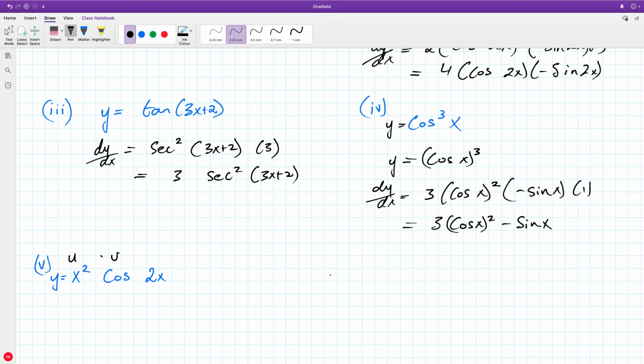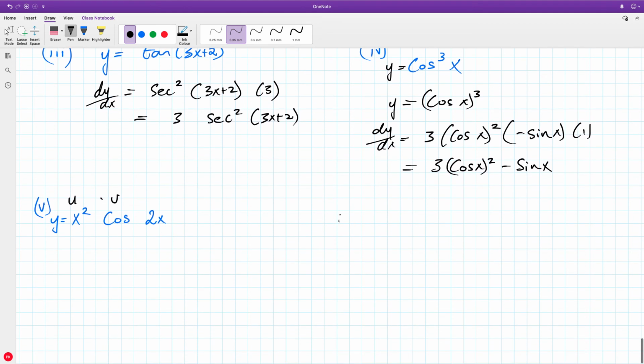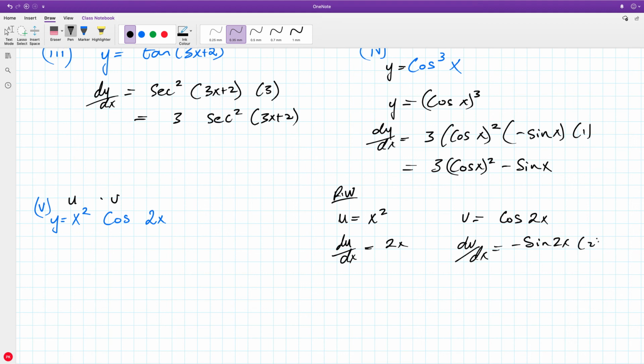u by v. So u is equal to x squared. du dx is equal to 2x. v is equal to the cos of 2x. dv dx is equal to minus the sine of 2x times 2, which is equal to minus 2 times the sine of 2x.